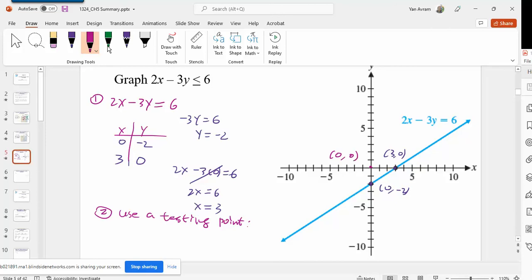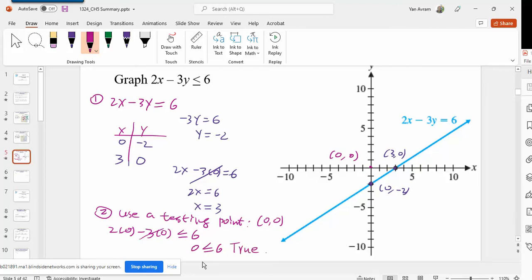So I'm going to use this testing point to see if it satisfies this inequality or not. Now I have 2 times 0, since x is 0, minus 3 times y, and y is also 0. Is this less than or equal to 6? We know 2 times 0 is 0, 3 times 0 is 0, right? So 0 is less than or equal to 6, which is true, okay?